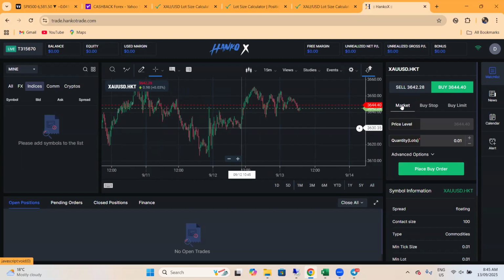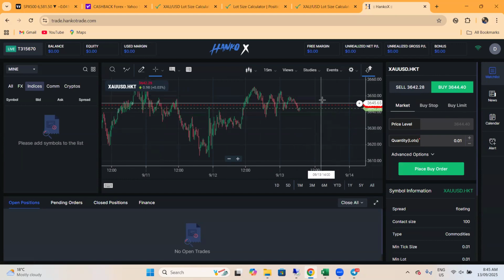Market is going to execute an order as soon as you say place order. A buy stop and a buy limit is an entry where the price will come and hit it and then place the order. I'll go over that in a minute. But notice here it says the lots.